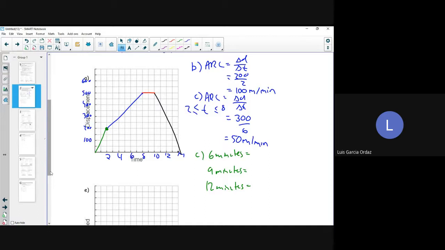So which segment of her run does 6 minutes fall under? So 6 minutes falls in between the 2 to 8 minute interval. Okay, 6 minutes is right over here. So what did we say the rate of change between 2 minutes and 6 minutes was, based off our answer from C?